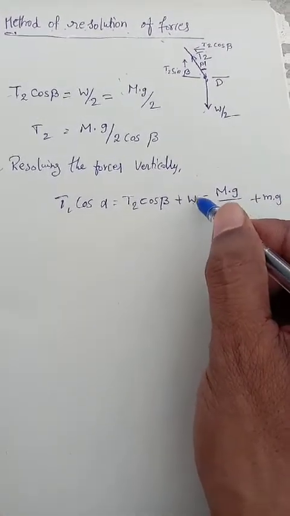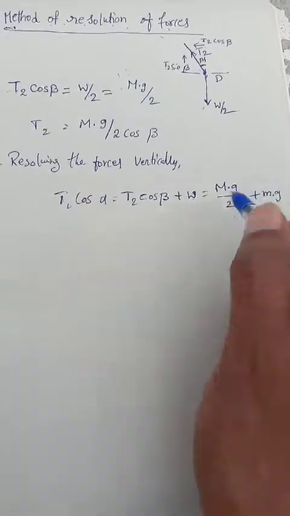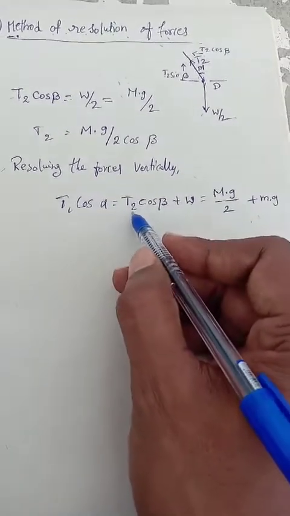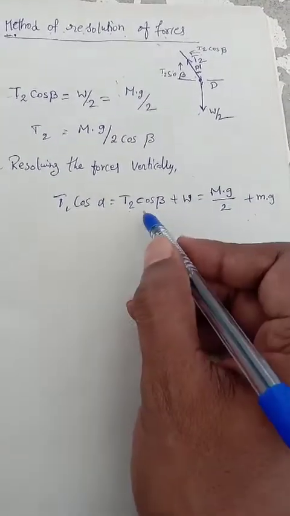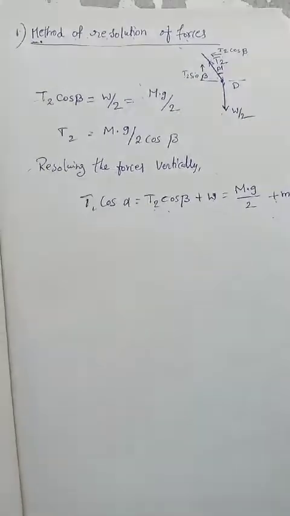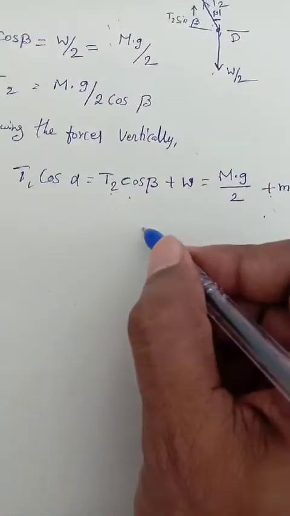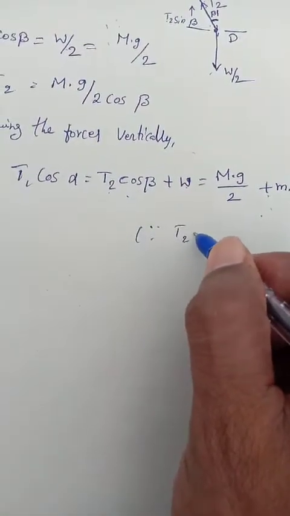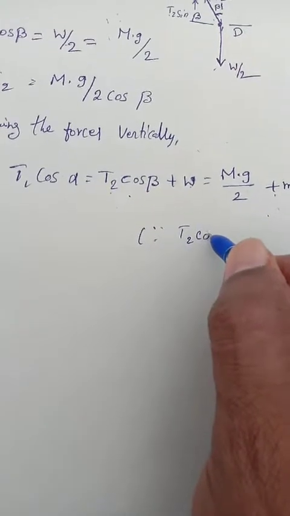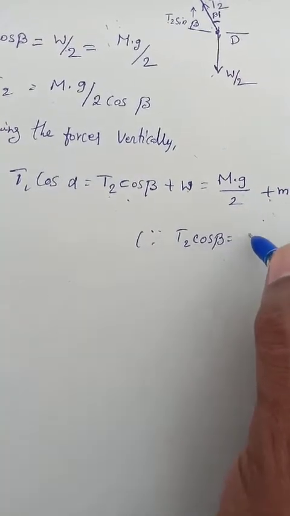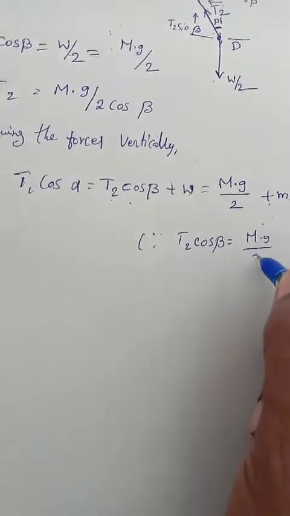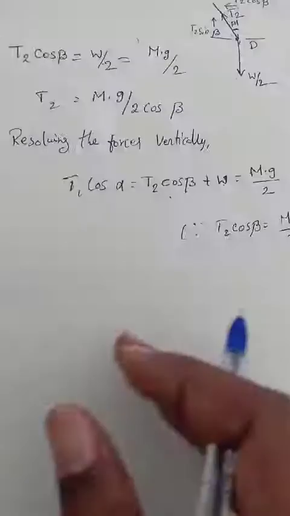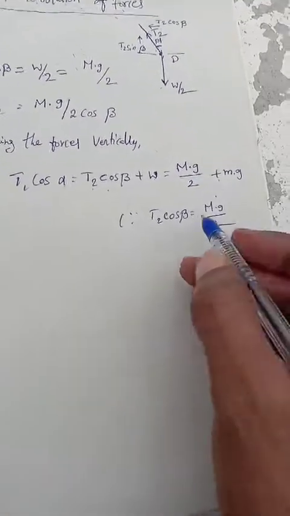This is small w, so I wrote mg. Then I substitute T2 here, since T2 cos beta is equal to capital Mg by 2.